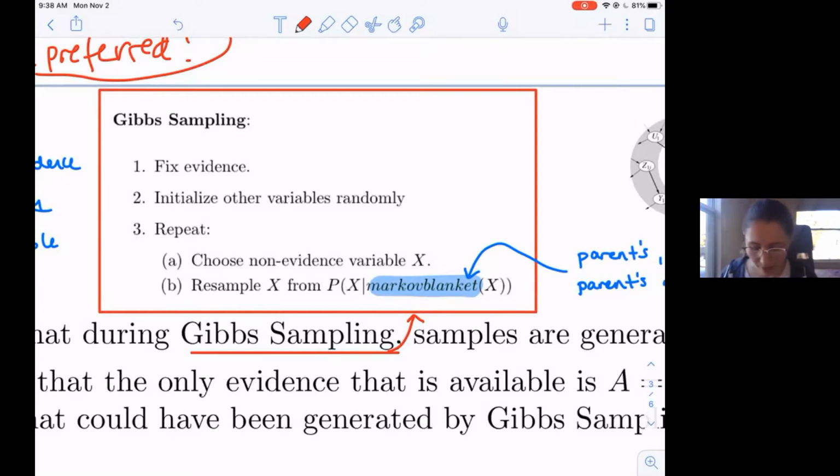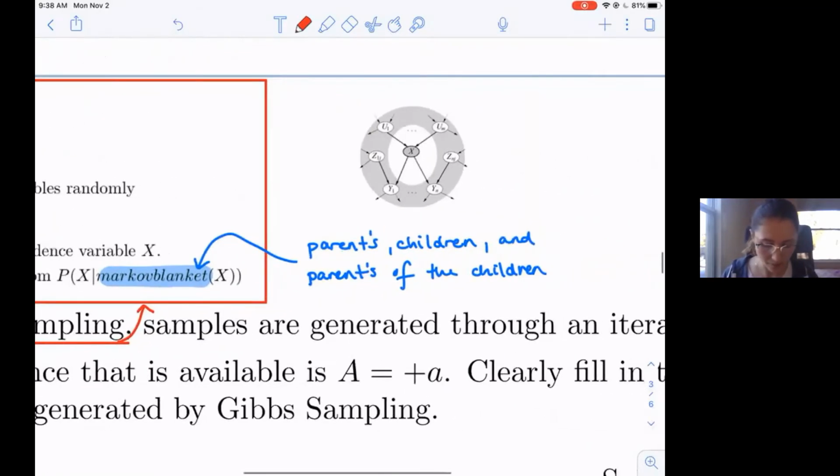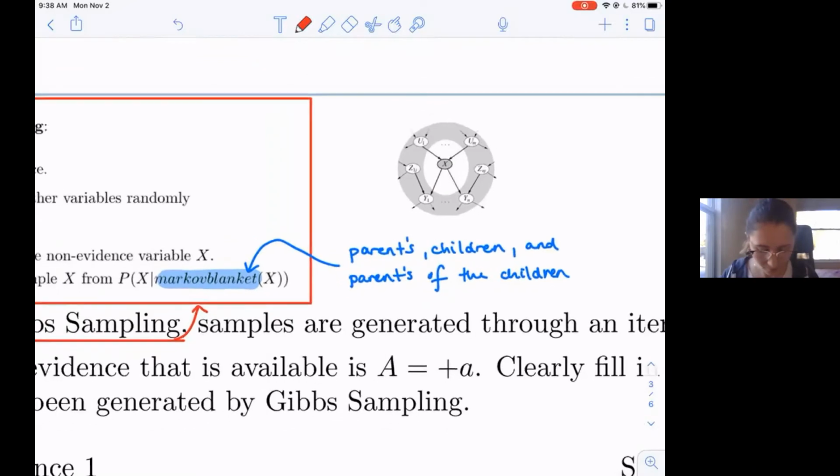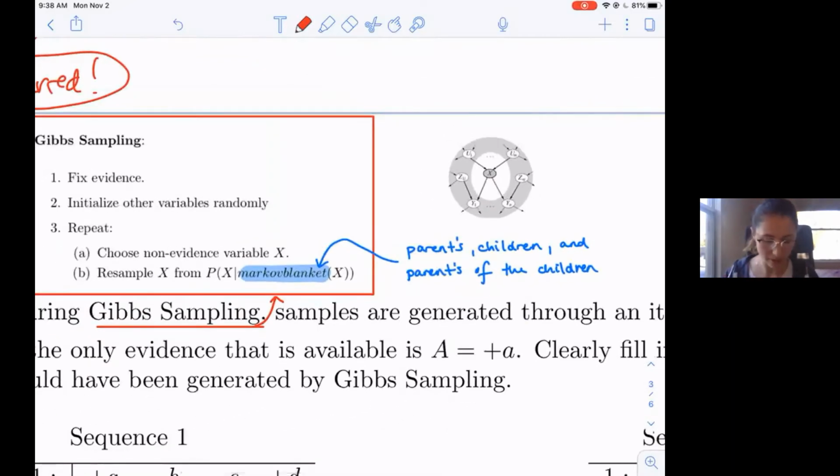As a quick reminder, the Markov blanket of a random variable x consists of the parents, children, and the parents of the children. Here's a little visual description of the Markov blanket for x, which you should have seen from the prior two discussion sections. Two important notes about Gibbs sampling.